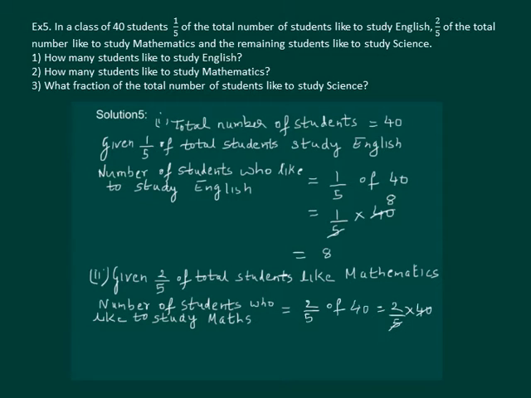Let us solve this. 5 8s are 40. 8 multiplied by 2 is equal to 16. That means number of students who like to study maths is 16.